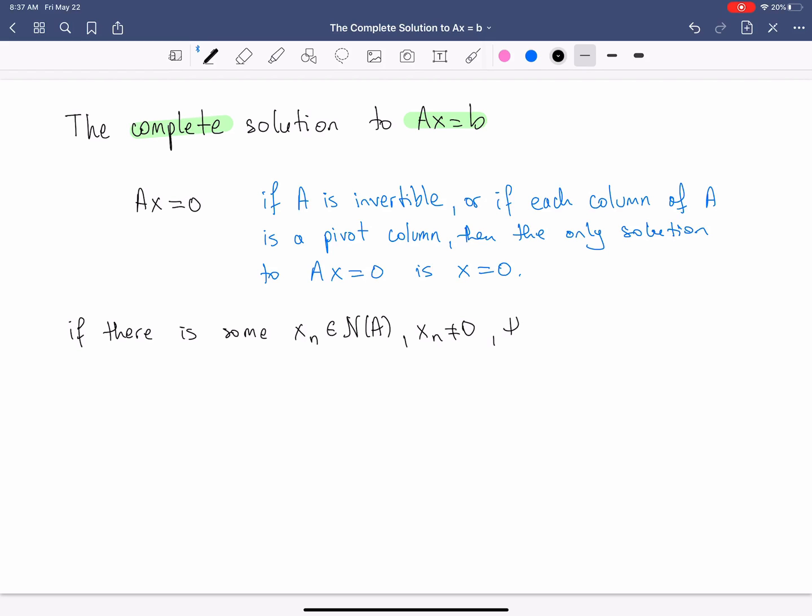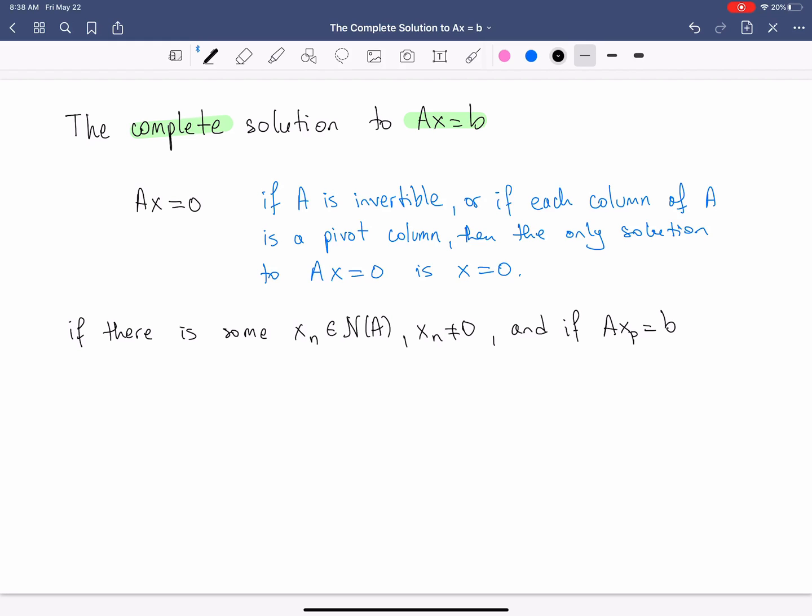Then, so if we have this, and if A xp equals b. So what is xp? xp is a particular solution that solves the equation AX equals b.